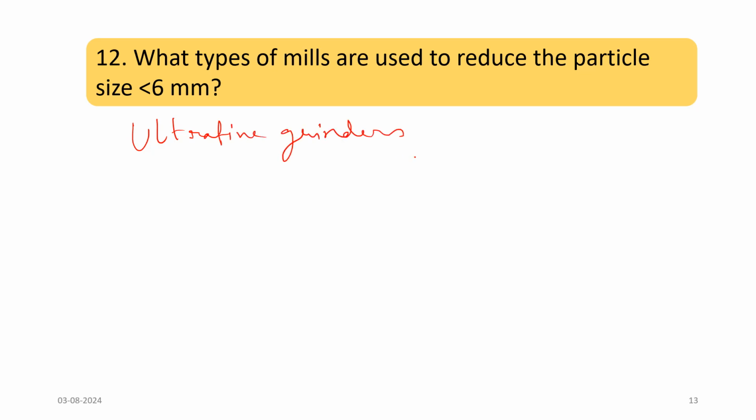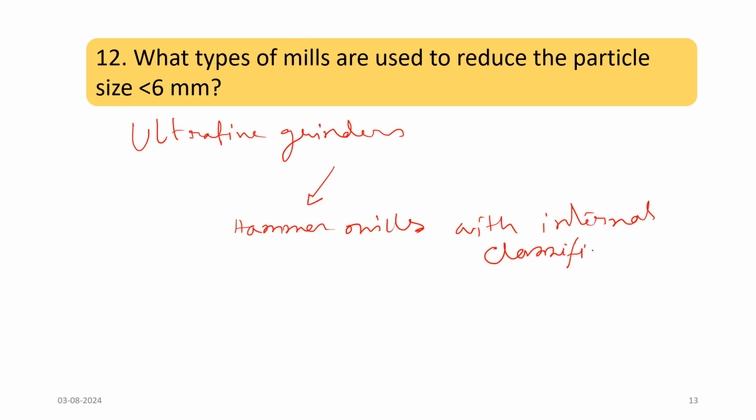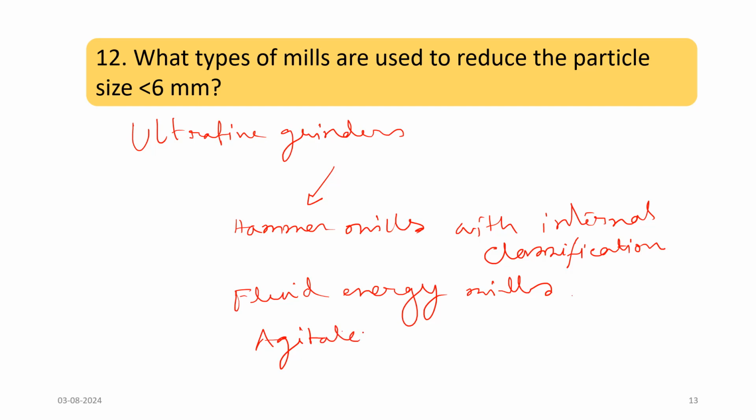Under this come hammer mills with internal classification, then fluid energy mills, and lastly the agitated mills. So it handles very fine particles. This kind of grinders or mills make the particle very fine.